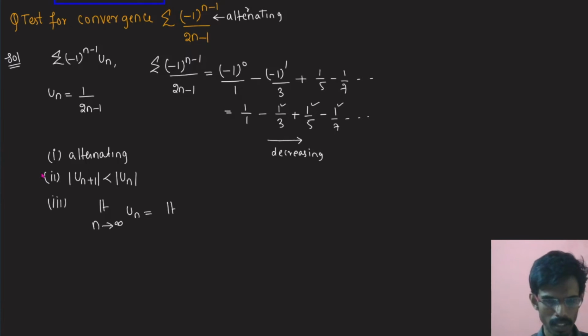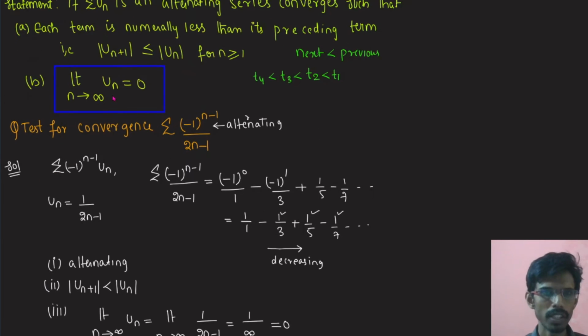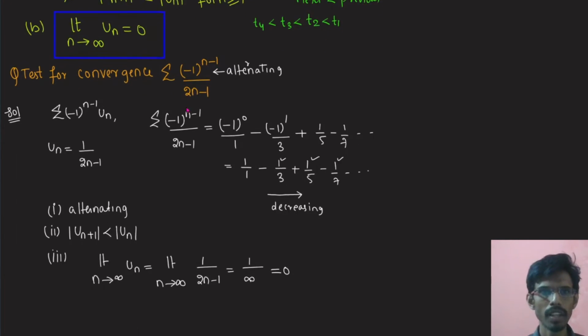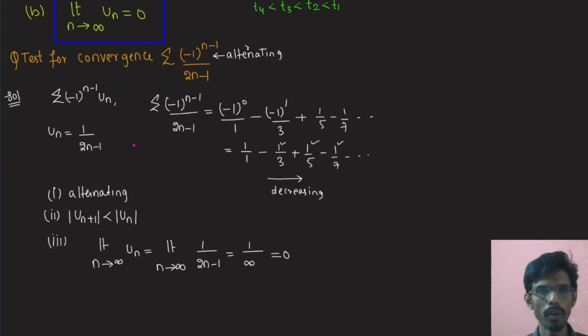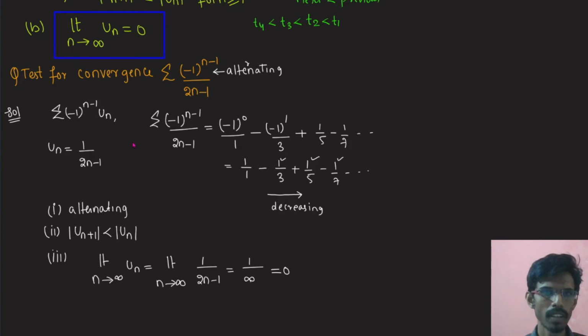Let us see that. Limit n tends to infinity of 1/(2n-1). If I put infinity in place of n, I get 1/(2 into infinity minus 1), which is infinity, so its value is 0. Now we got 0, so it satisfies the two conditions of the Leibniz test. Now the given series is convergent.